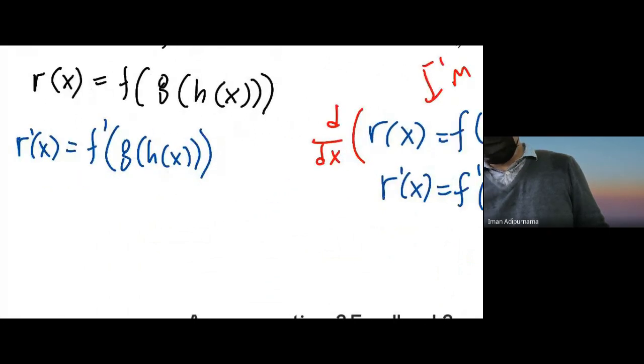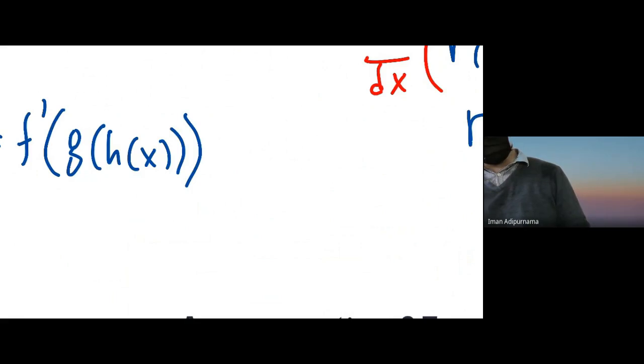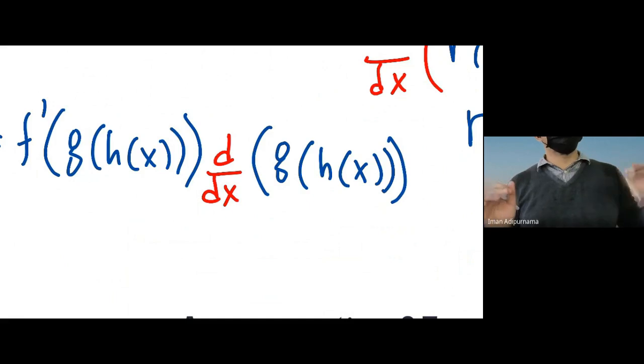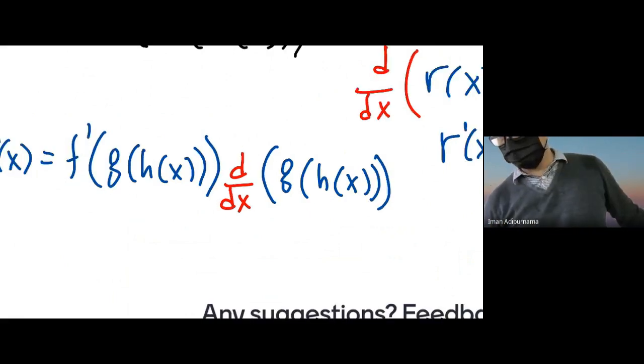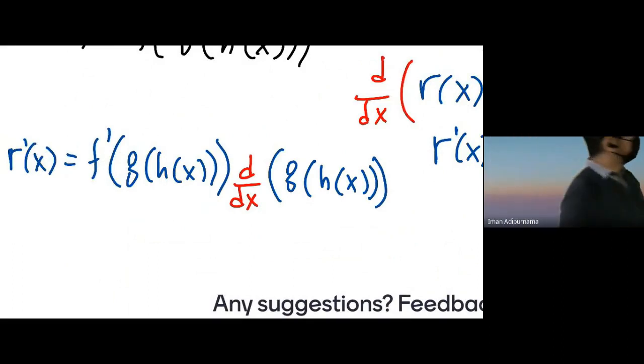If you want to be more careful, you can write slowly, and write d/dx of f(g(h(x))), and then slowly fill in all the lines. So you start with the f prime, and then you need to derive the inside.